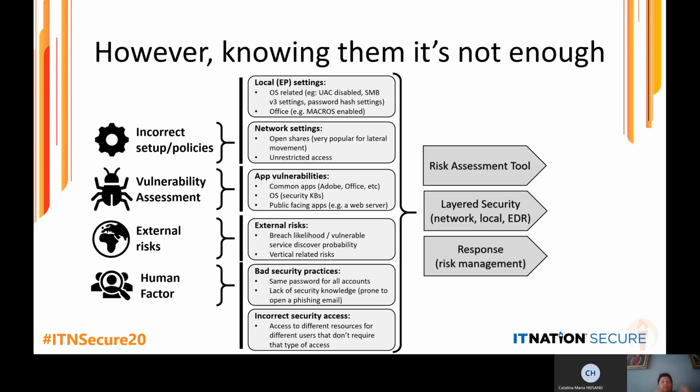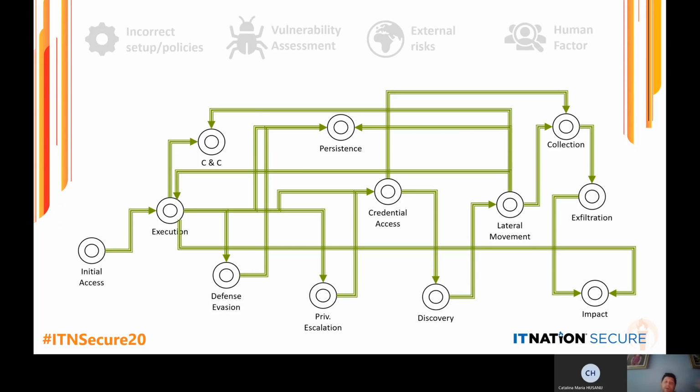But I need to be able to act according to the risk that I see. And if we have all of this combined, then you can actually have a proper security posture.